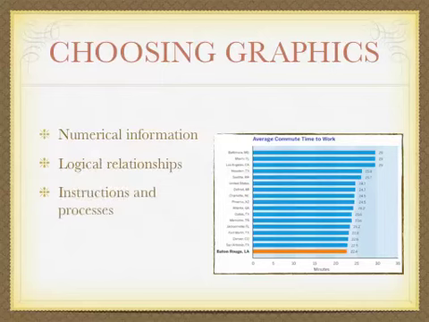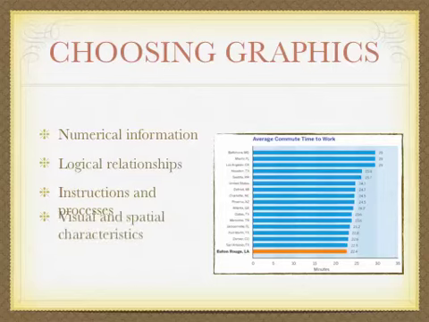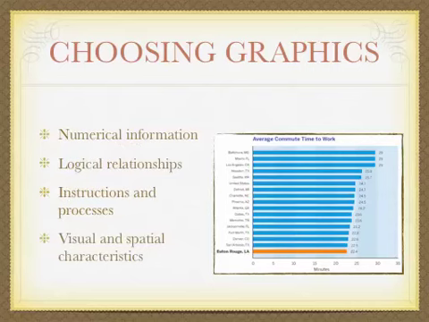If you would like to illustrate instructions or processes, which most likely you probably won't be doing for this assignment, you would use some kind of flow chart or a table. And finally, visual or spatial characteristics. You could use a map, a photograph, etc. This might be extremely helpful for some of you that are looking at buildings or some kind of trails in Anchorage. You could take an actual map of that section and use that and add something to the graphic.